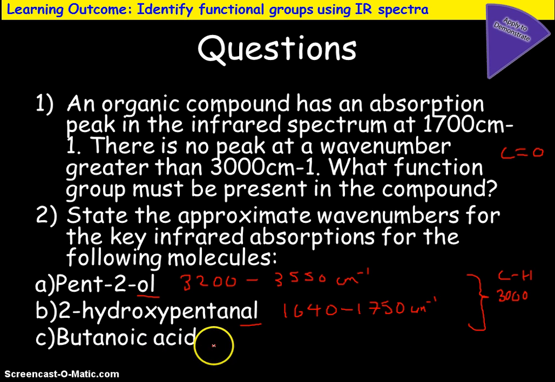And butanoic acid, we would get this same bond vibration again due to the C double bond O group, and we wouldn't get this vibration for the OH group in the butanoic acid. It would shift down slightly. We'd get a very, very broad peak between 2500 and 3300 centimeters to the minus 1.